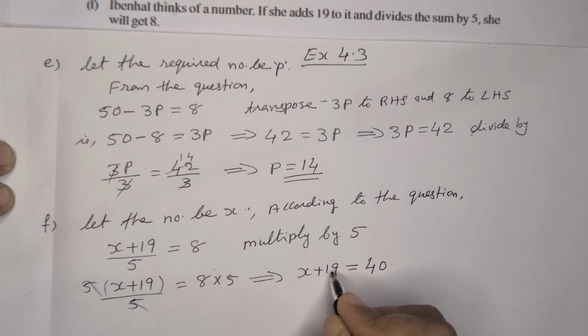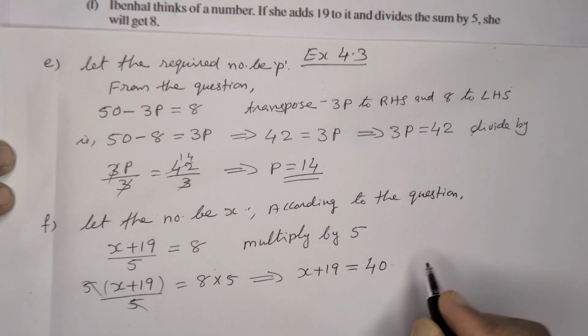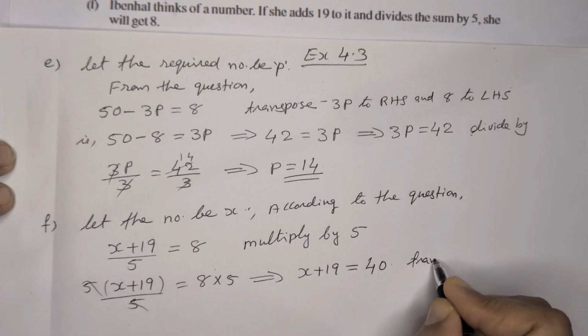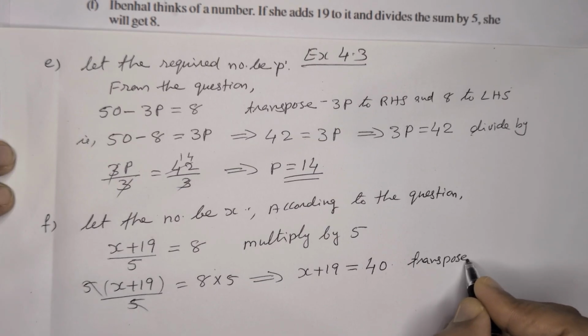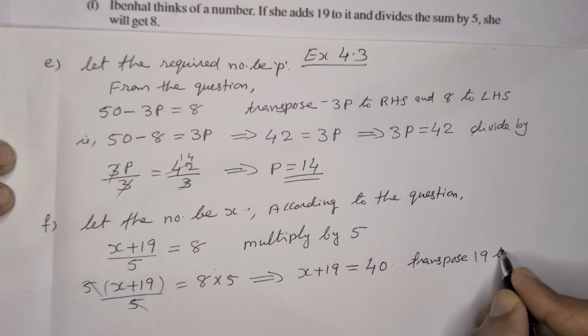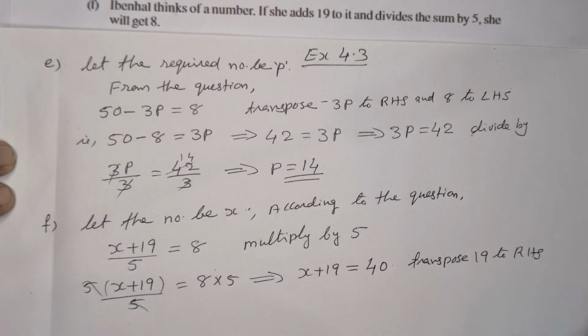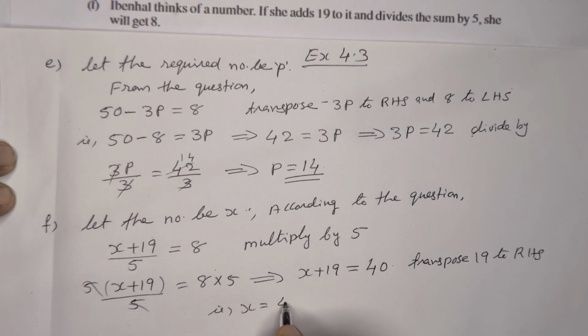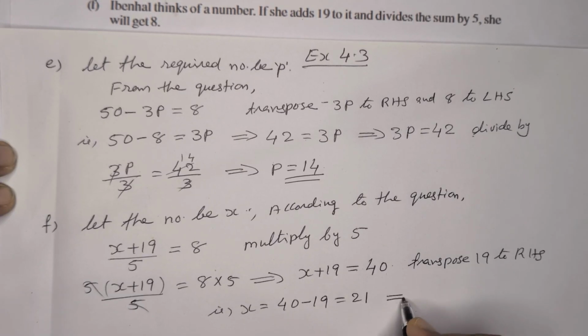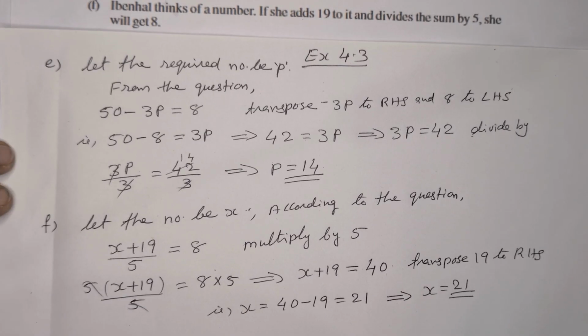Now we have to remove this 19 from the LHS. So transpose 19 to the RHS. That is x is equal to 40 minus 19, which is 21. You can write x is equal to 21 is the required number.